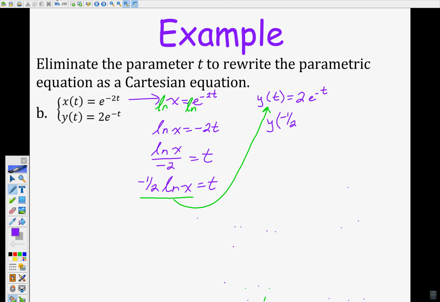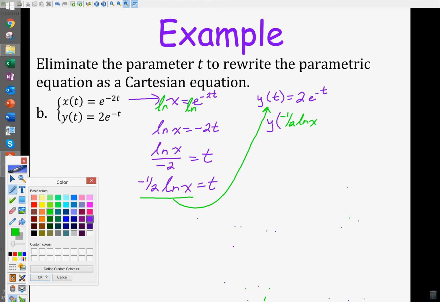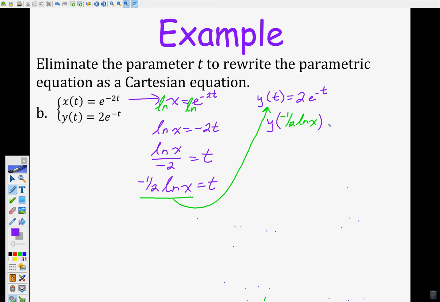Sorry, I meant to change colors. There we go. Negative 1/2 natural log of x is equal to 2e to the negative, and this is where I'm going to plug in my negative 1/2 natural log of x.